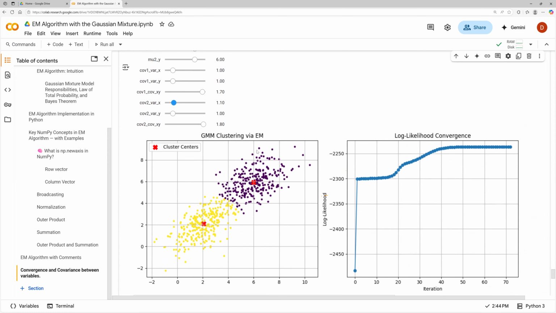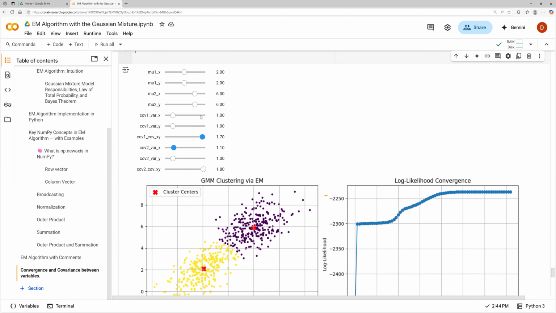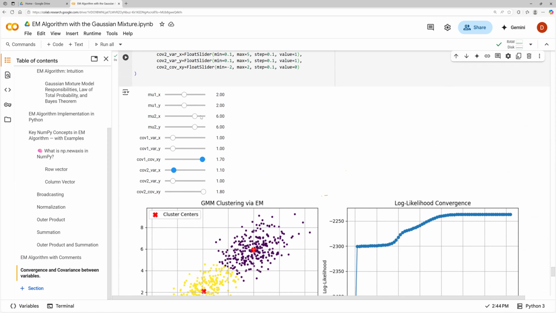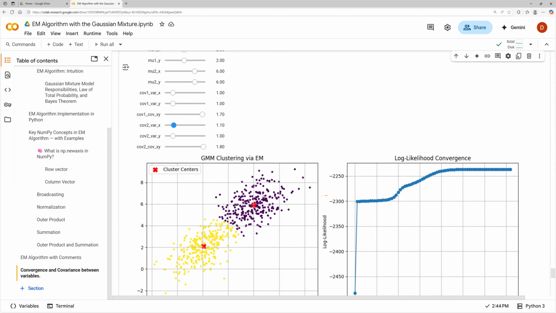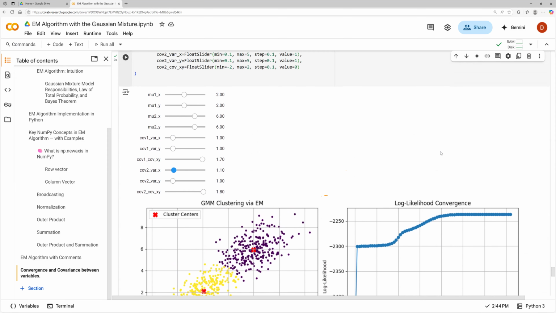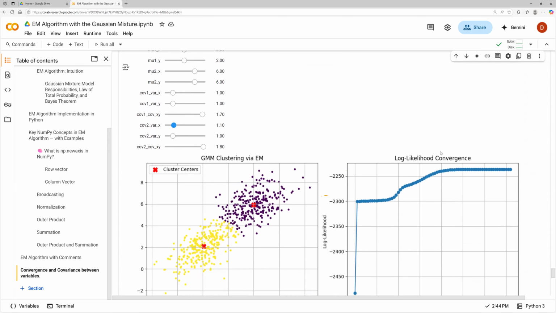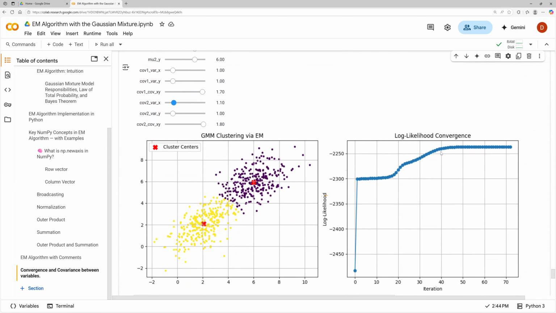But you can see that if the covariances are higher than 0, a dependence develops in the structure, and the number of iterations for it to converge increases dramatically. Here it's at 40. So that has implications for how well your algorithm works and whether you can distinguish between clusters or cluster assignments.